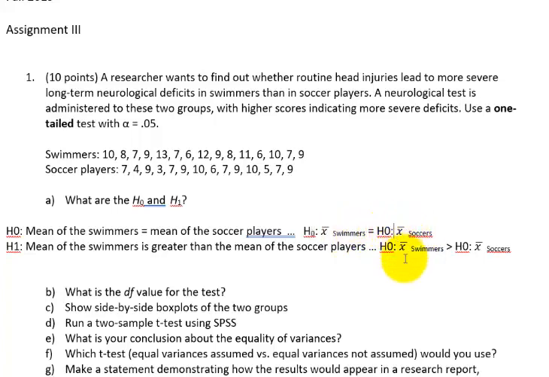So this one, oh, I screwed that up. Hold on. That should not be there. So the null hypothesis states that the mean of the swimmers will be equal to the mean of the soccers. And so can we say that there is no difference between the neurological deficits between swimmers and soccer players? Perfect, right?